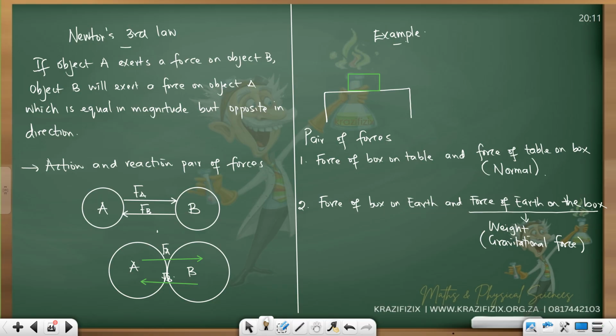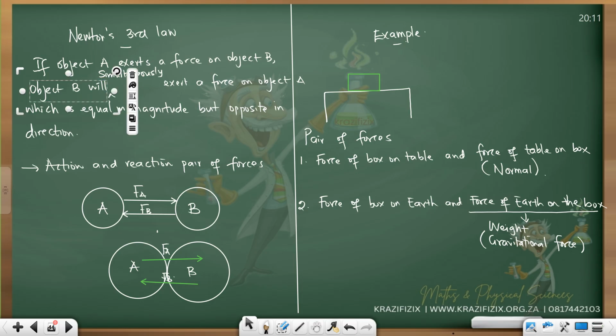Did I put the word? If object A exerts a force on object B, it will simultaneously, please put that word, it means at the same time, simultaneously, that word is important, exert a force on object A, which is equal in magnitude but opposite in direction.